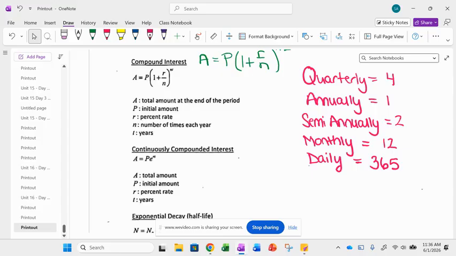That word continuously will be there. If that word continuously is not there, then it's the first formula. And so for continuously compounded interest, our formula is A equals P times e raised to the rt power.